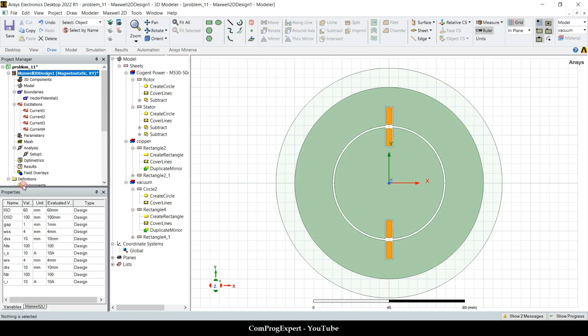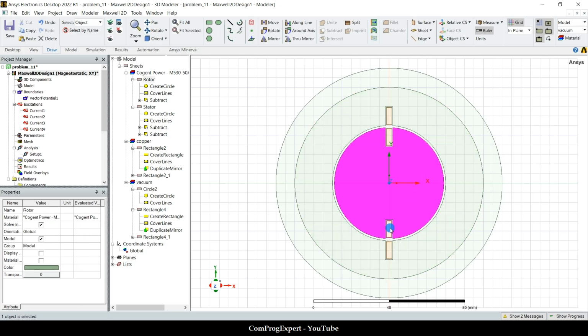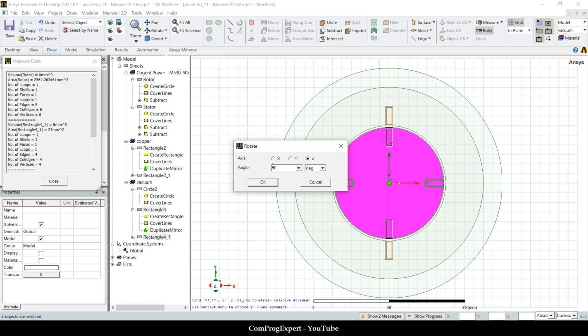So now let's set the value of the stator current equal to 0, and also rotate the rotor. Let's select the rotor core and coil arms, rotate them equal to delta.